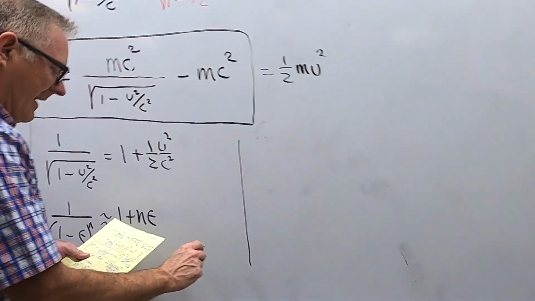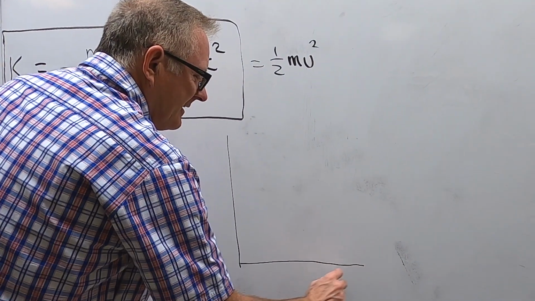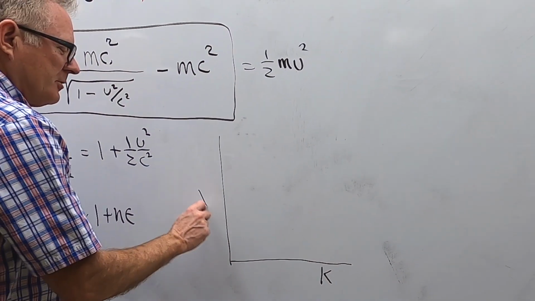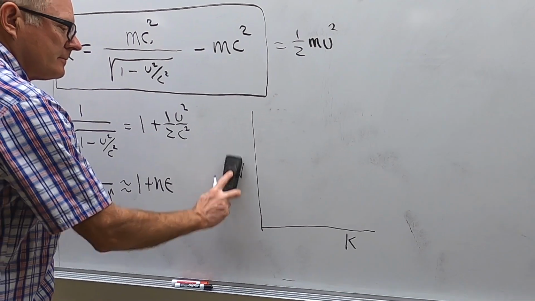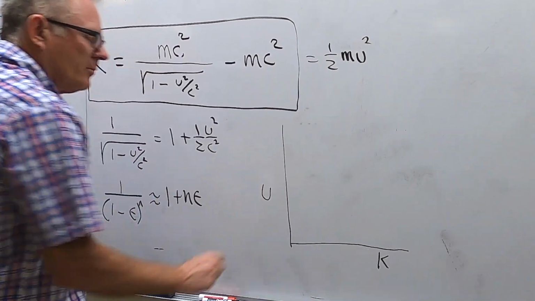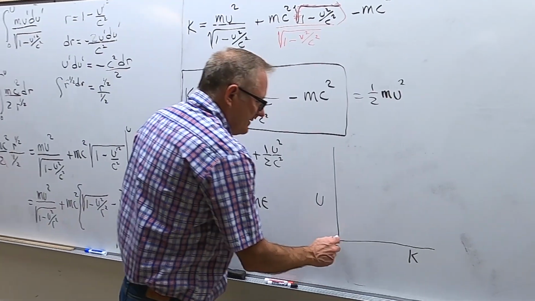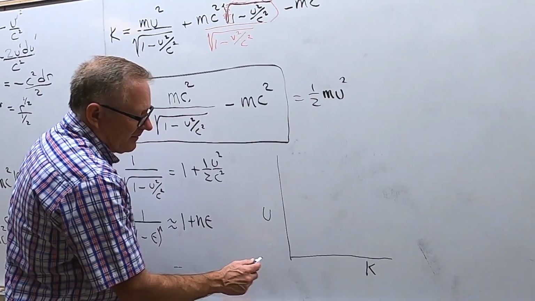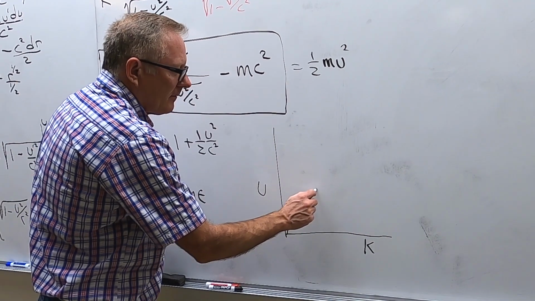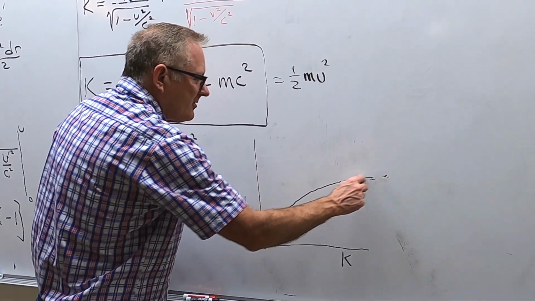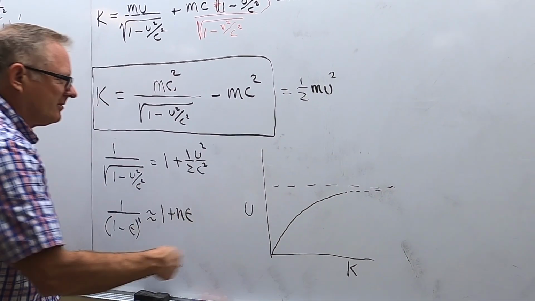And if we were to plot it out, let's say this is kinetic energy K and this is the speed u right here. What you're going to get is it's actually going to go something like this, and you're going to get a horizontal asymptote.